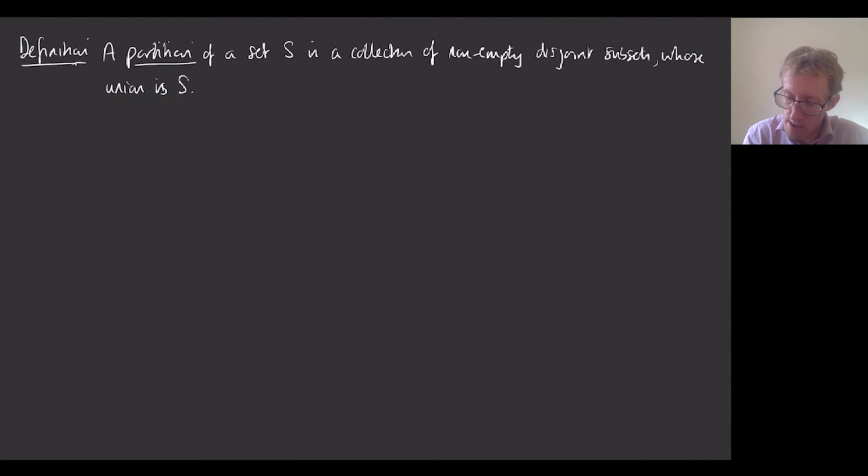I hope that makes sense, but let me write a sort of algebraic way of writing that. The partition is going to be a collection of subsets. So I'm going to write that as A_i for i in some indexing set, such that A_i are not the empty set for all i.